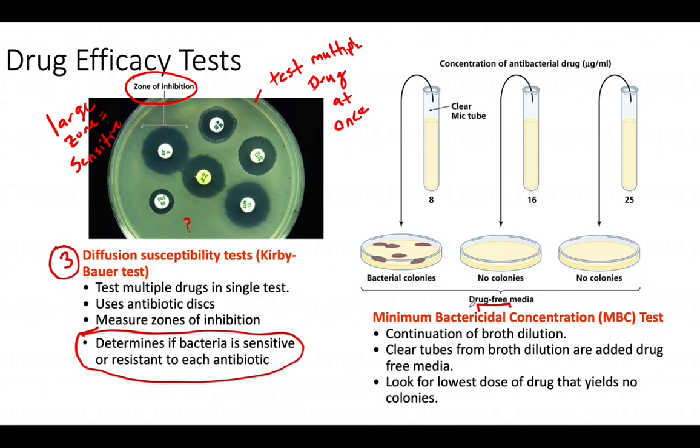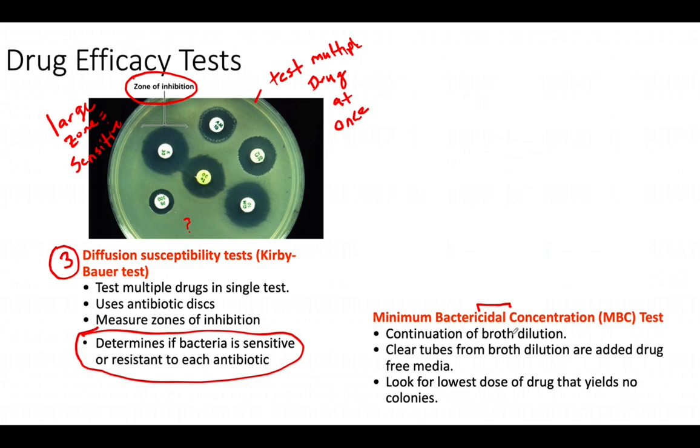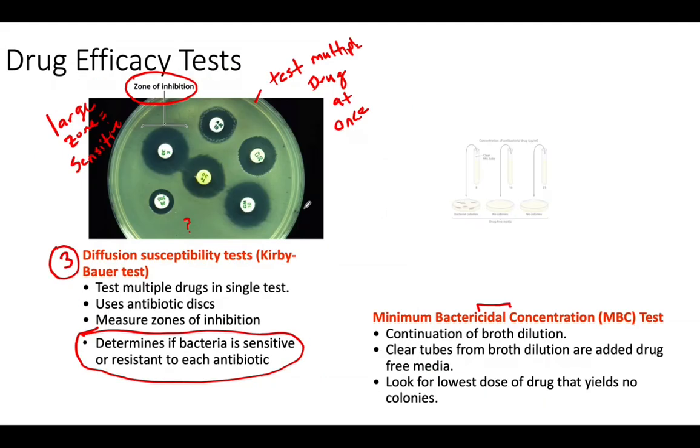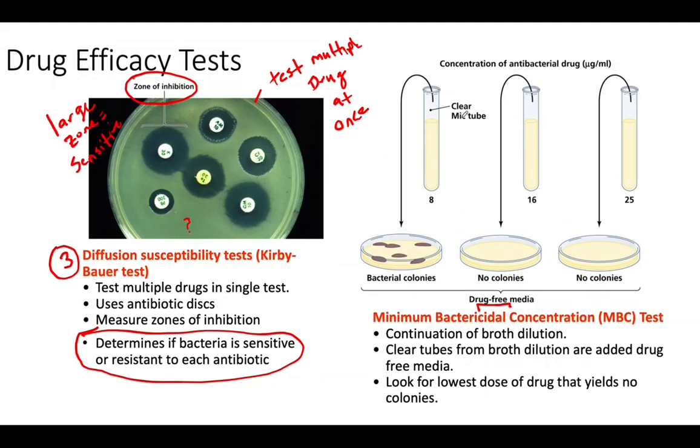And the way that this is done is it's actually an extension or a continuation of that broth dilution test. So that's from the first slide, so this test. So these clear tubes are what are going to be important to input into an MBC, or minimum bactericidal concentration test. So it says clear tubes. So if you look, this says clear MIC tube.